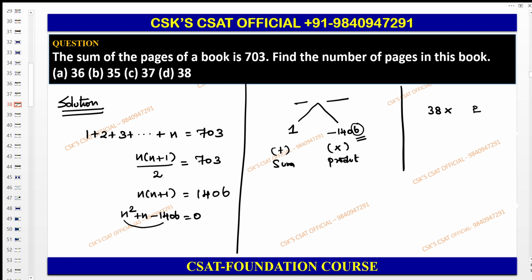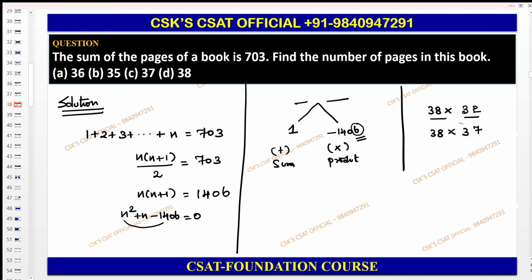What else comes? 7, isn't it? That's it. Now listen. If you are placing here 3, then what will happen? Just check this one, 38 into 37, 38 into 32. Check whether you are getting.